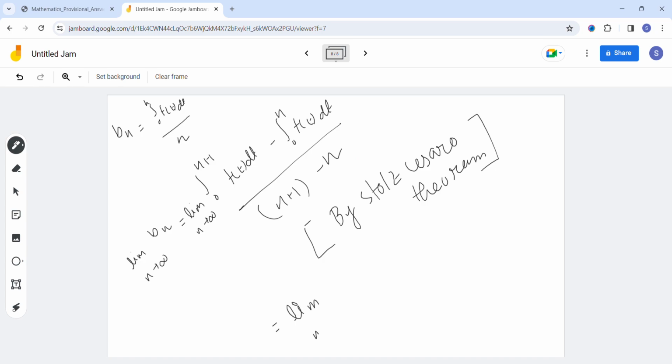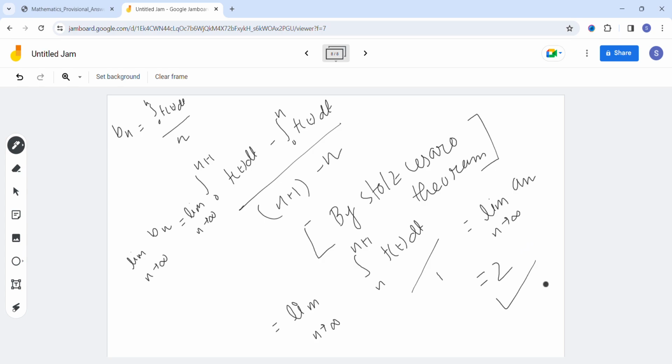The limit as n goes to infinity of the integral from n to n+1 of f(t) dt divided by 1, right? That is basically the same as the limit of an. That means the limit of bn and the limit of an are both the same, hence the answer is 2.